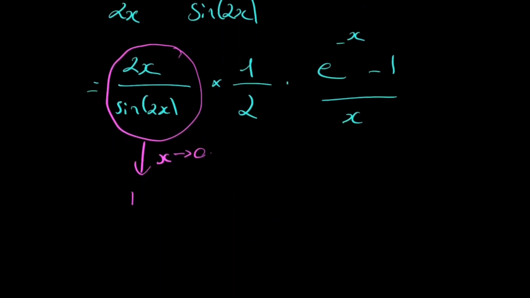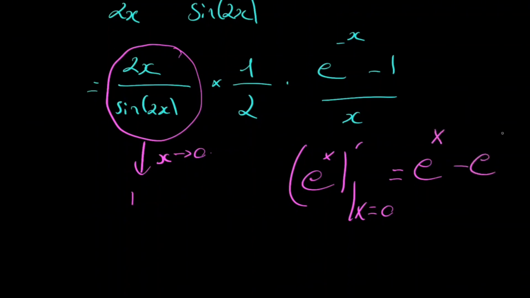We want to have something that is exponential of x prime, so in x equal to 0 it is equal to 1; this thing is exponential of x minus exponential of 0 over x. So we want the limit when x tends to 0 of something like that.